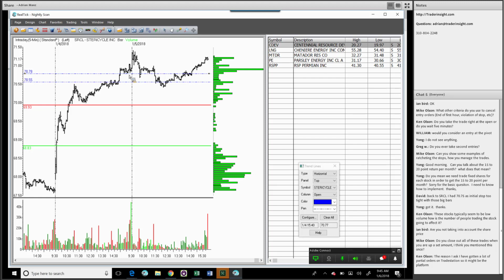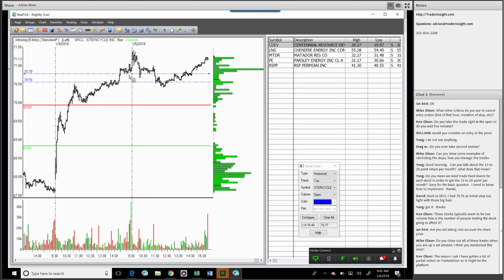So for those of you who are using TradeStation, the only downside to that platform, especially with the new pricing that they've done, so they're giving you great prices now, right? But they're routing everything through their market maker.